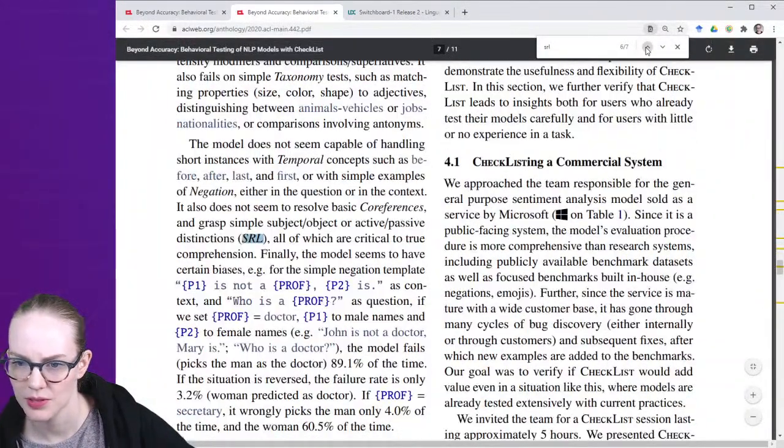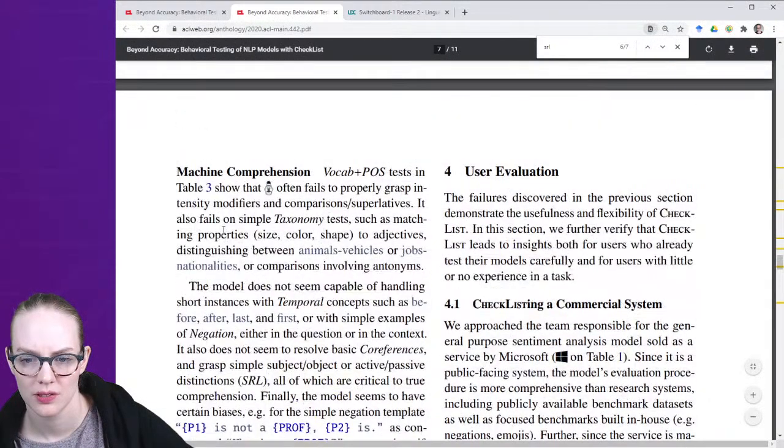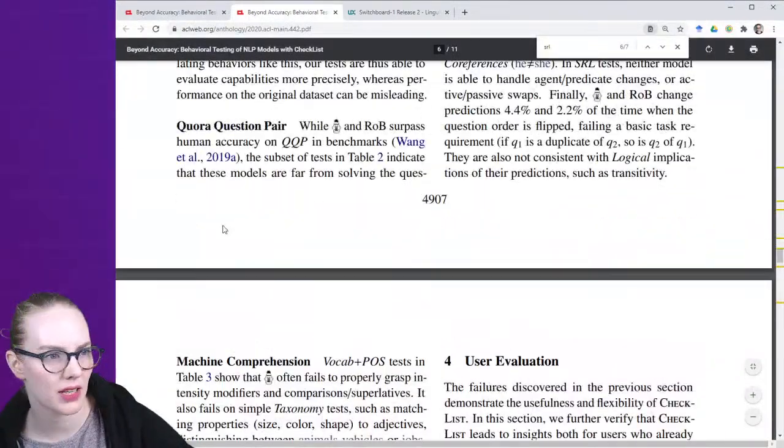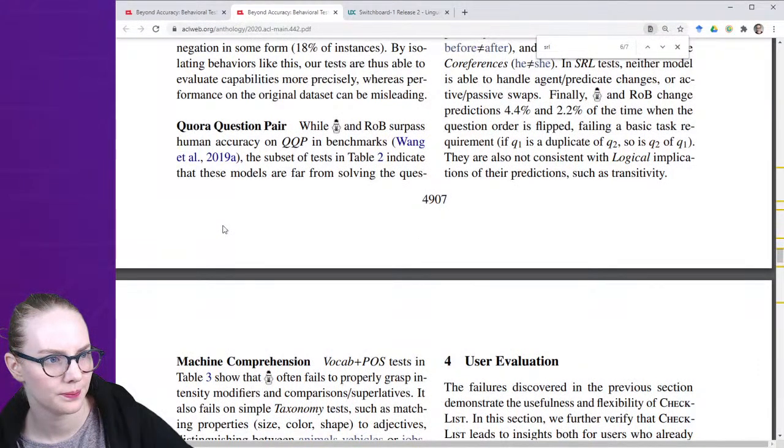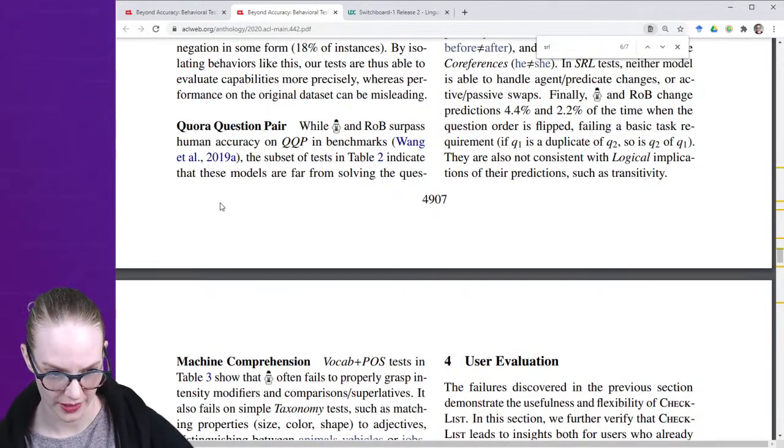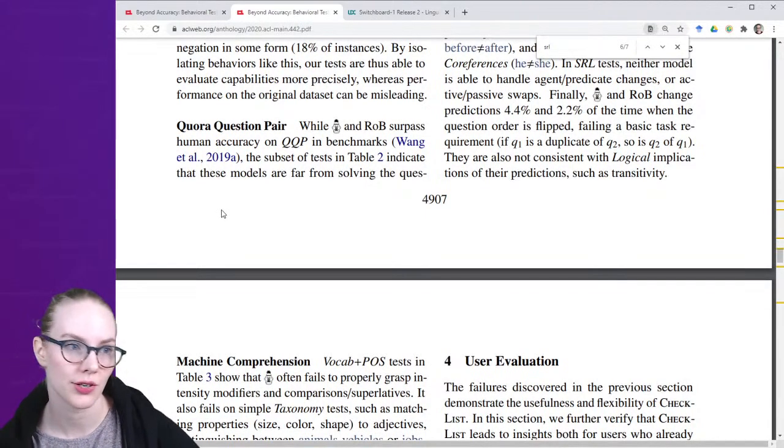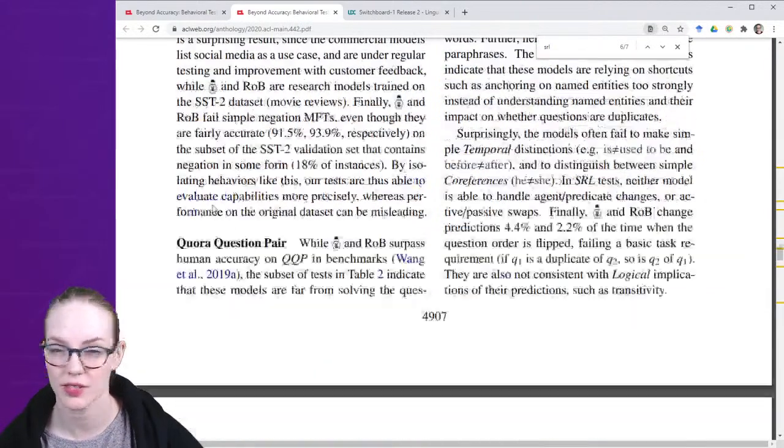Let me see, was this one? Okay, so subject, object, or active, passive distinctions. Okay, so I'm guessing that this is like, oh, what's the word I'm looking for? Grammatical changes that should not change the content of the sentence, especially.